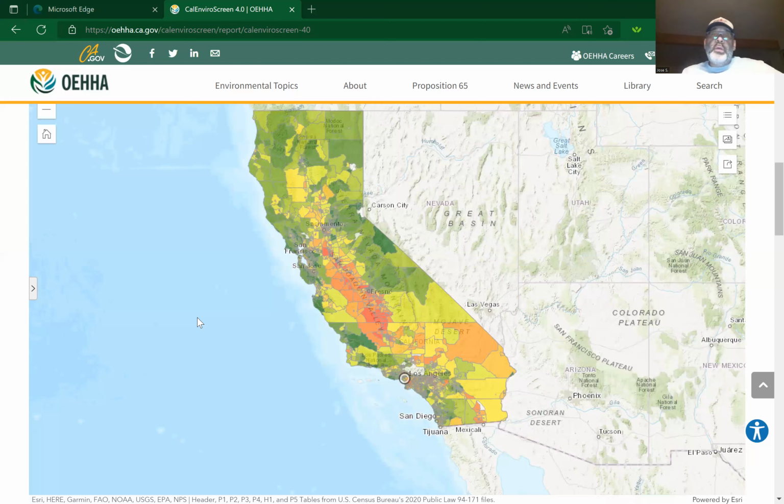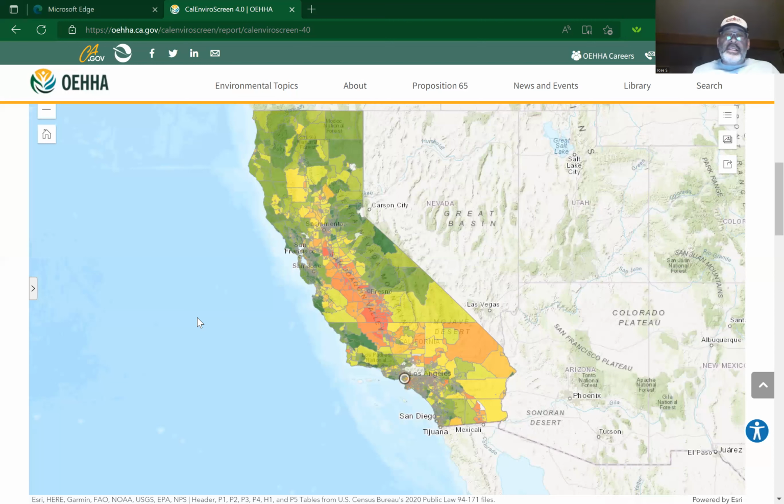And what the color coding represents is the darkest green means that is the ideal place to live. It's got the least amount of pollution, and some of it as well has to do with population characteristics. That's not what I'm talking about as far as ideal. I'm talking about as far as not being exposed to pollution.